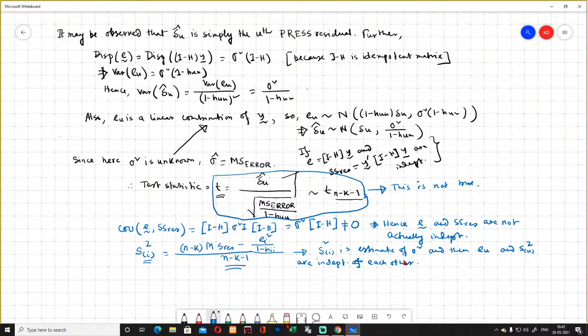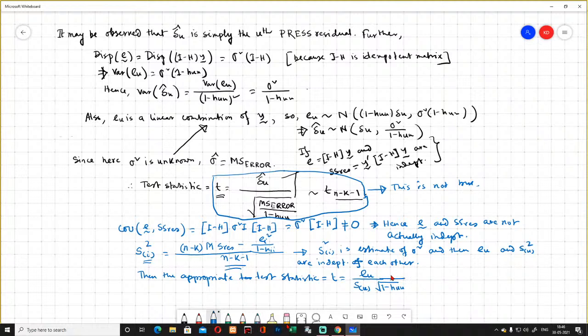Okay, so then the appropriate test statistic is equal to e_i over S_i root over (1 − h_ii).